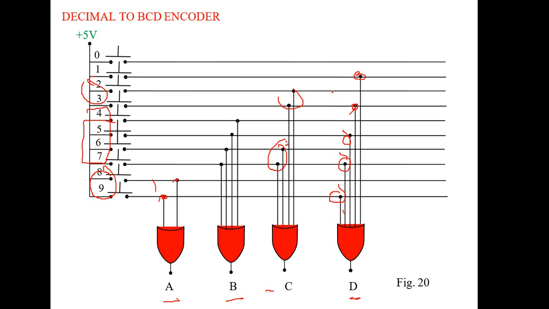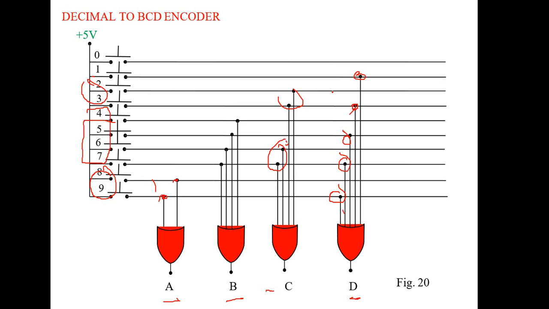Similarly, we can draw the decimal to BCD encoder. Your input decimal is nothing but 0 to 9, and for BCD we are taking ABCD. When the 0th bit is high, everything is 0. When the 9th bit is high, it is 1001.